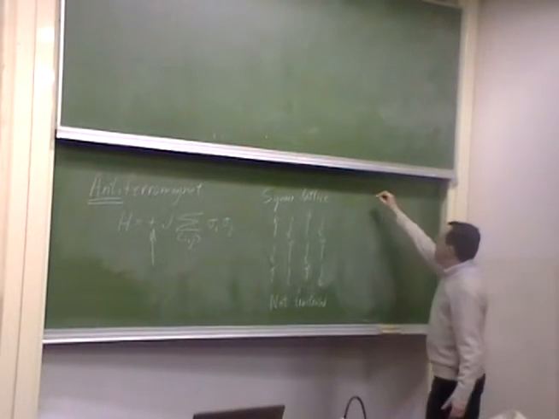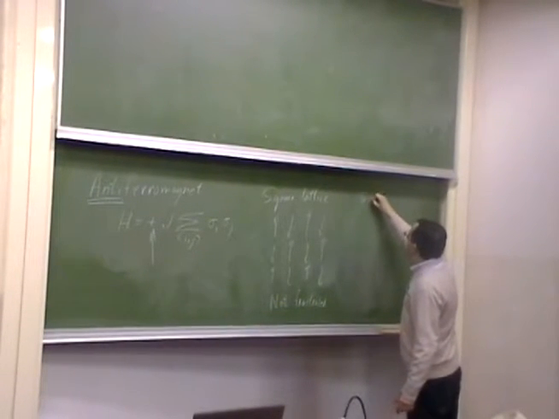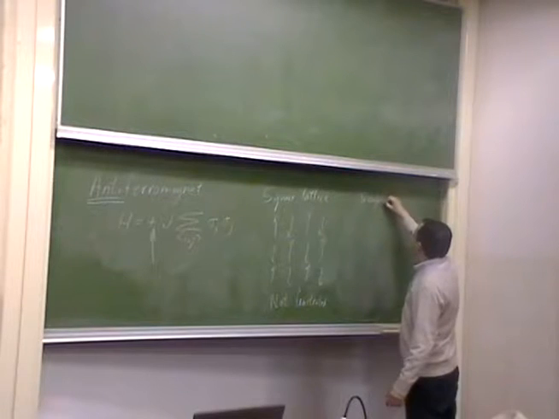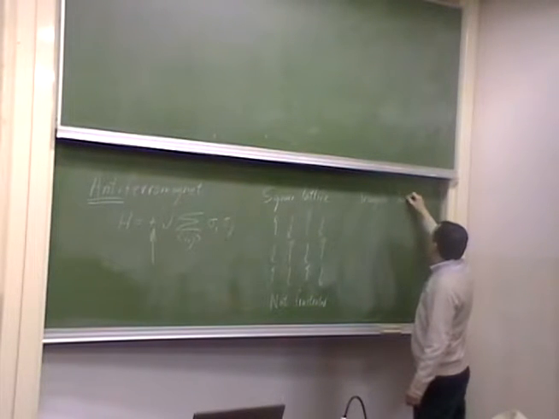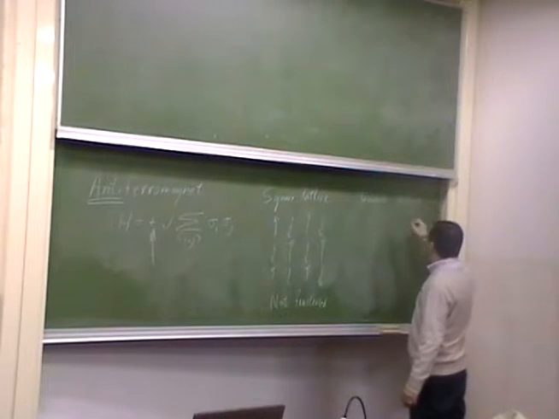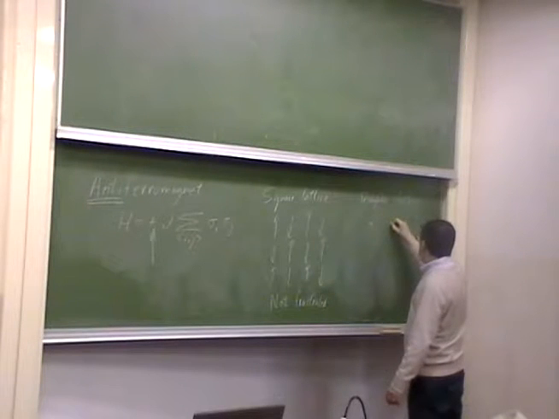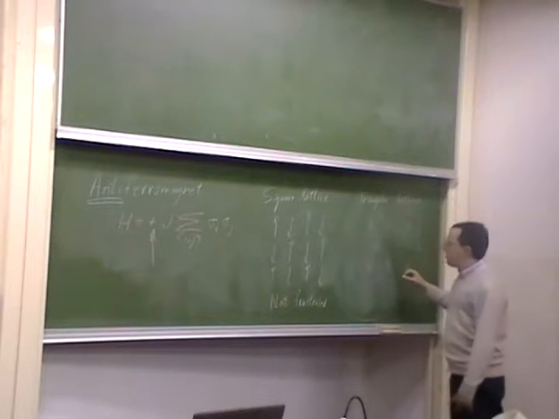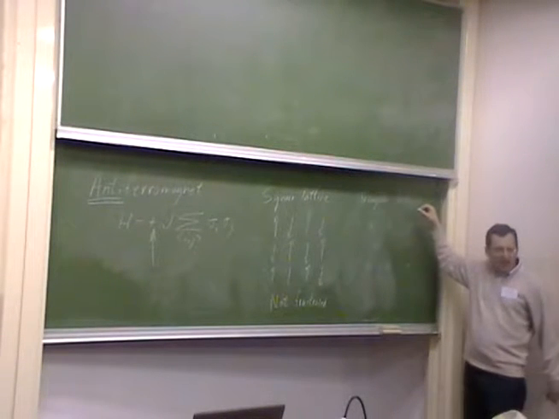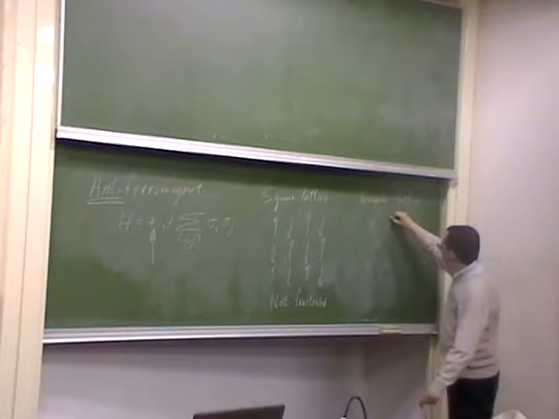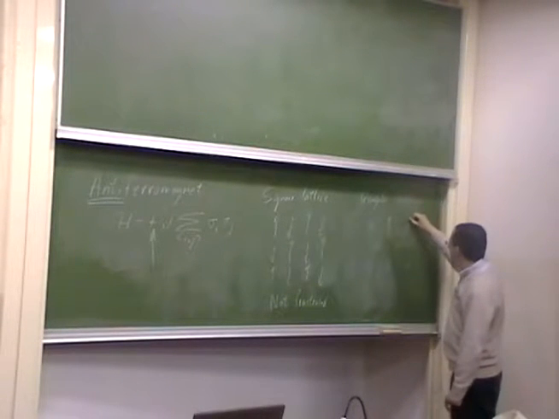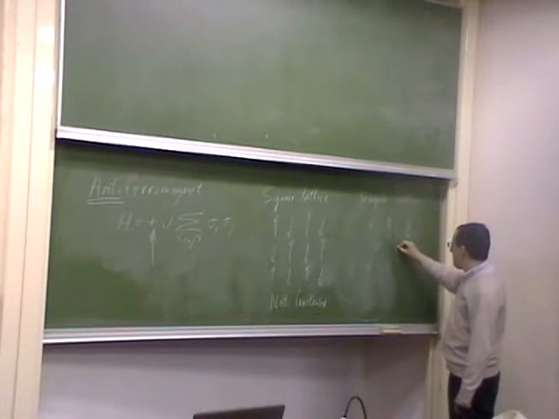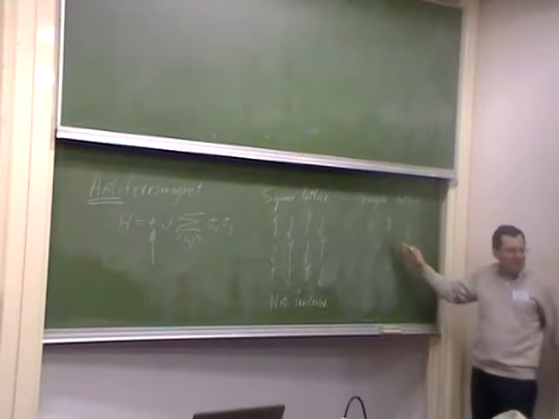But if you have this on a triangular lattice, let's put the up and down spins here. If you start at one point, if this is going up, and this one's going down, and now you get to this, and it says, wait a minute, I've got a problem here.